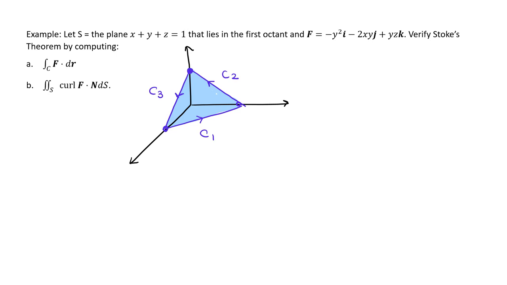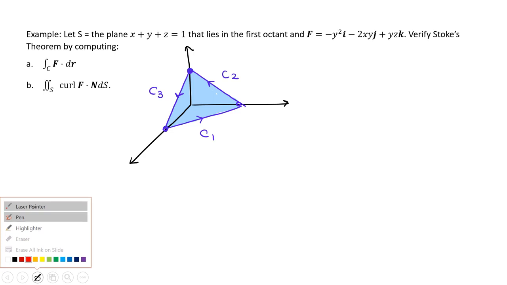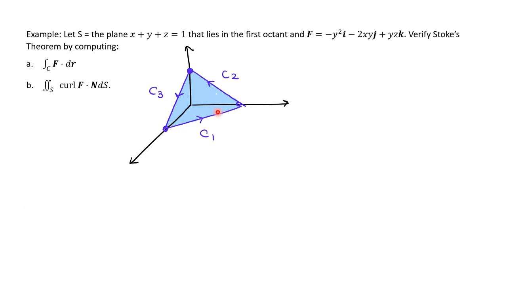All right, so here's a picture of what we are working with. So the surface we're working with is just the portion of this plane that lies in the first octant. And so what Stokes theorem is telling us is that if we integrate this vector field along the path of this boundary, so I've labeled the boundary C1, C2, C3, and I have it in a positive or counterclockwise orientation.